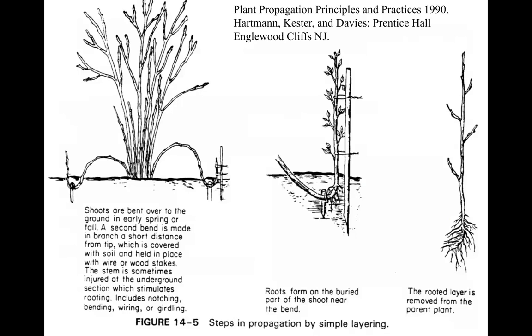You can induce this, or it just happens naturally. And you can cut them, and now you have new bramble plants, whether it's blackberry or raspberry. You can see that bend in the stem there where the roots have developed.